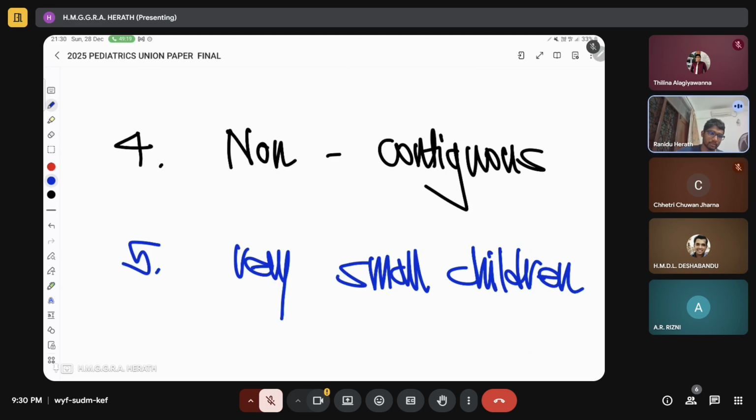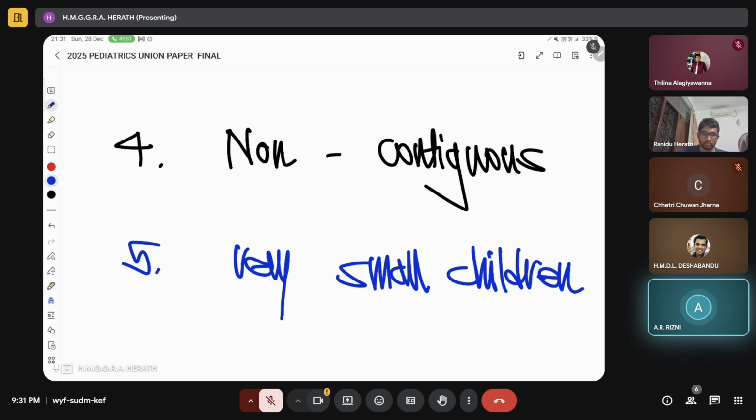Any other differences? Guys, any other differences? I think for treatment for Hodgkin's, radiotherapy alone is enough, but for non-Hodgkin's, it depends on the type of disease.